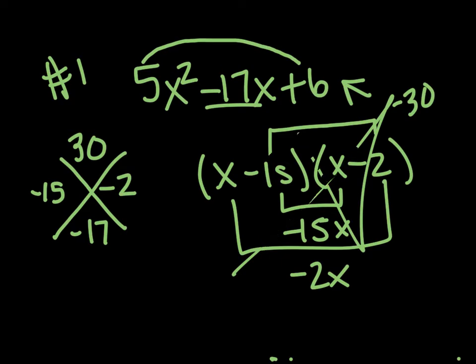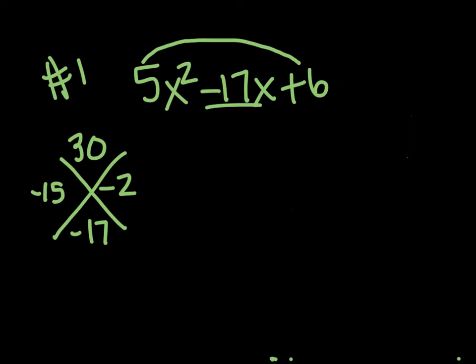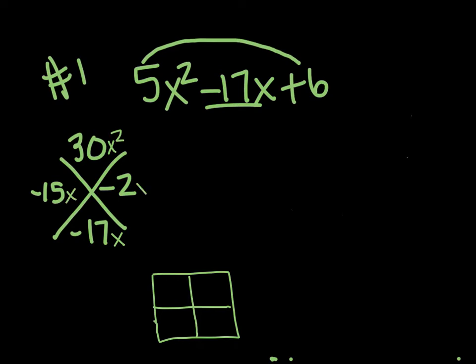So we are going to go from this diamond to a box. So what happens is the two values that you found, and actually if you want to attach your x's with it, it was negative 15x and negative 2x, because 5x squared times 6 is 30x squared, so both of these get an x.